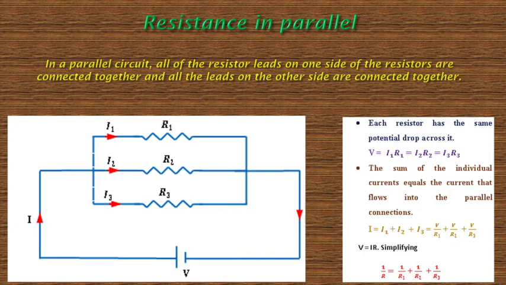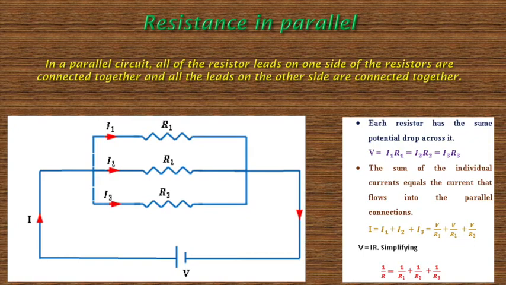The major features of resistors in parallel can be summarized as: each resistor has the same potential drop across it, V equal to I1R1 equal to I2R2 equal to I3R3. The currents through each resistor may be different depending on the resistor.